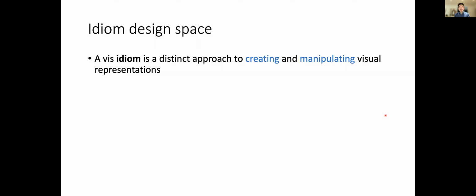It's not a rule in the sense that these are not 100% correct all the time. Maybe another word for idiom would be guidelines. These are the general rules people would usually follow when you design a visualization, but they are not hard and fast rules because there could be exceptions to these.